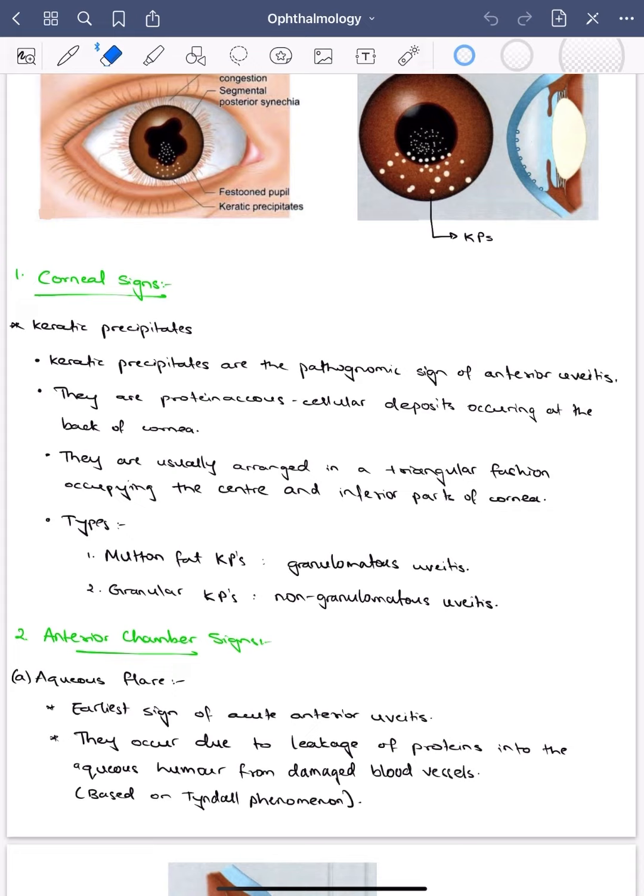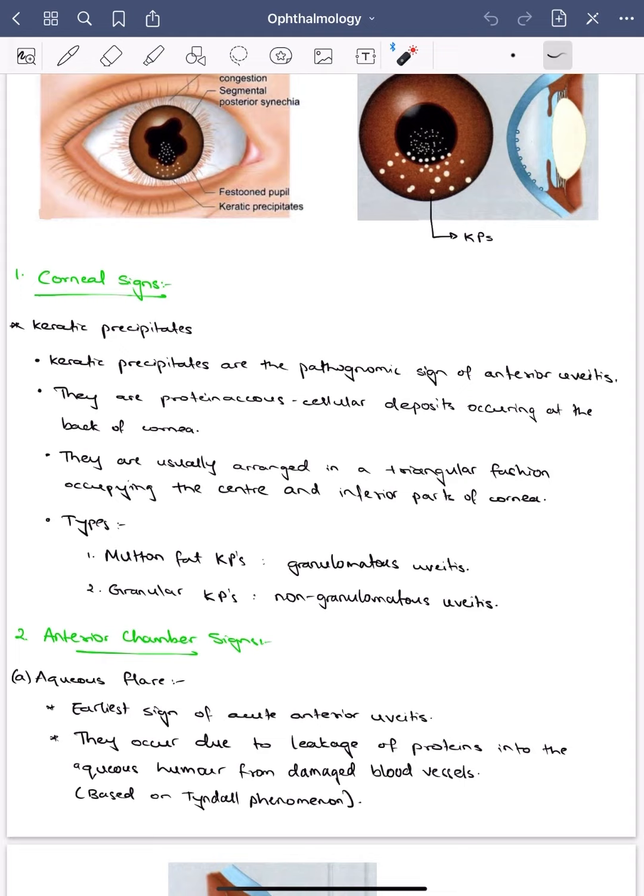So again, these are proteinaceous cellular deposits occurring at the back of the cornea, and you can see in this diagram here. They are usually arranged in a triangular fashion, occupying the center and the inferior parts of the cornea.